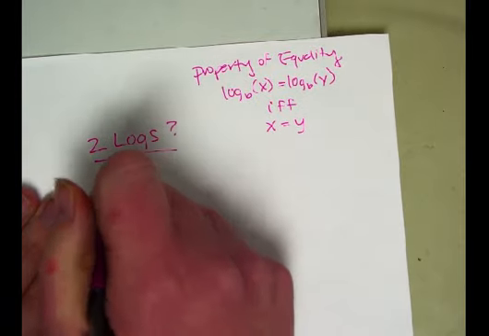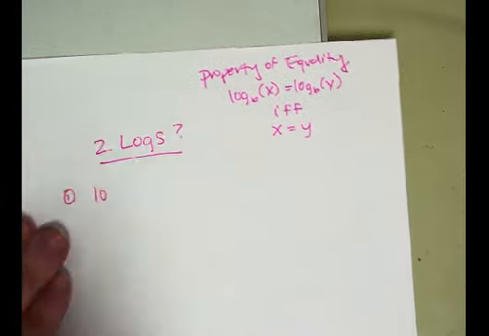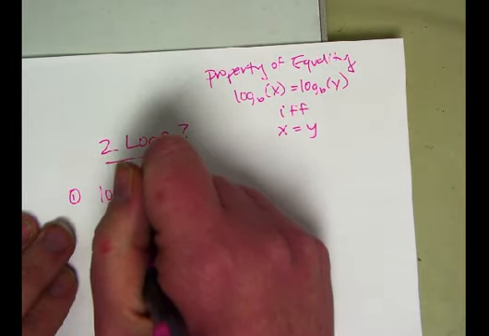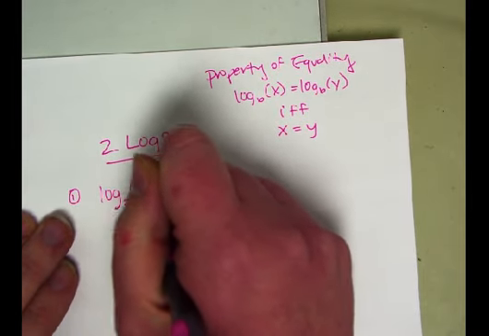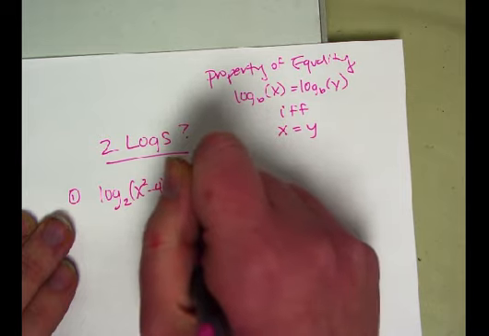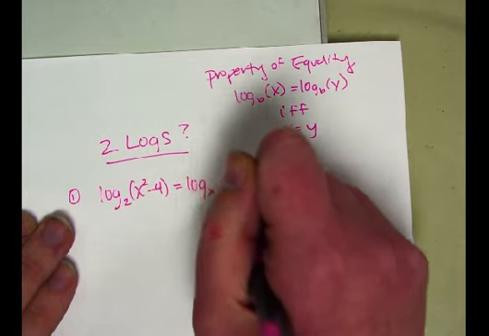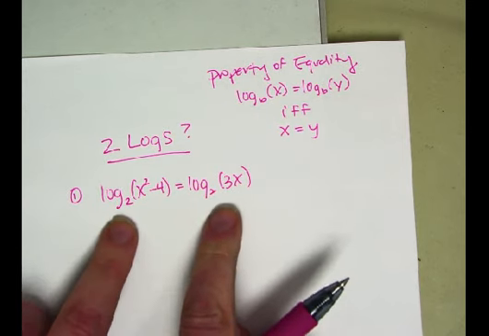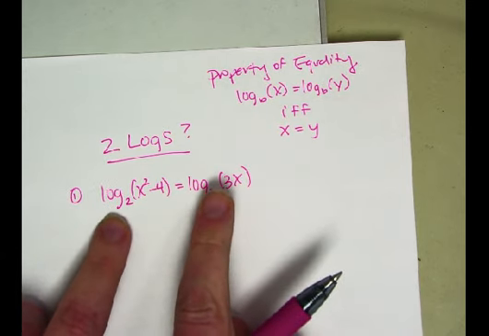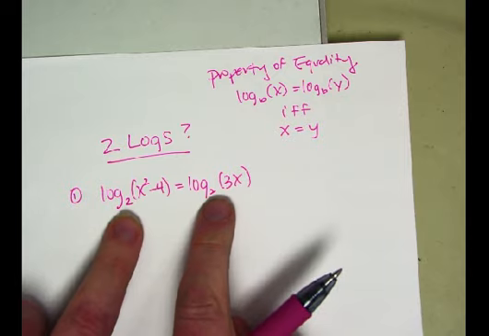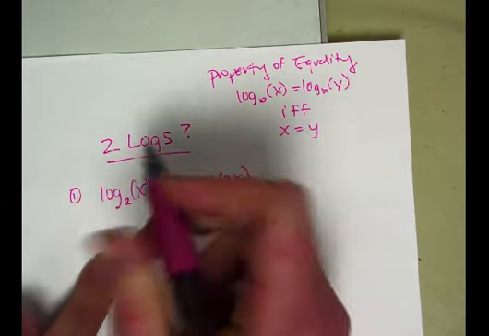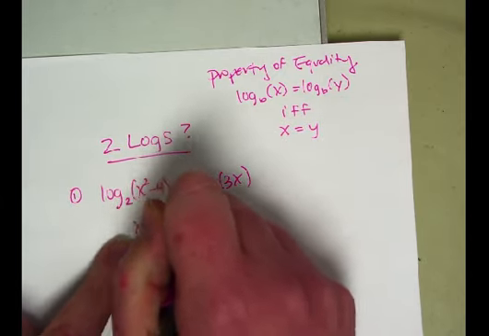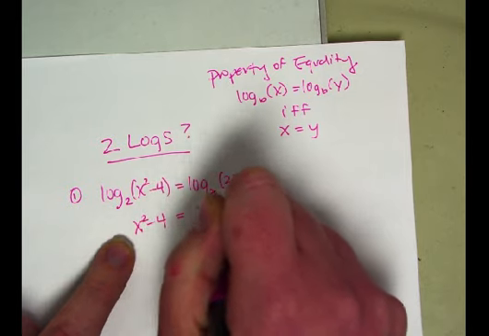So here's our first example, log base 2 of x squared minus 4 equals log base 2 of 3x. We have log equals log, and the bases on the logs are equal. That means the arguments are equal. I know x squared minus 4 must equal 3x.